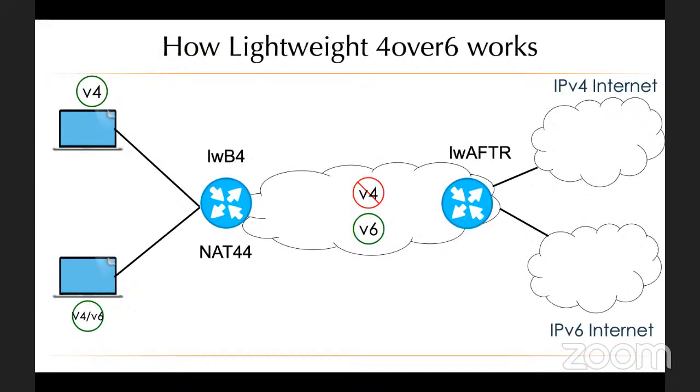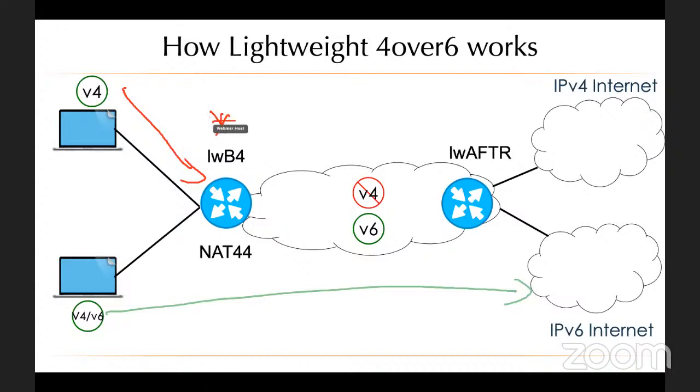So how does it work? Same way as DS Lite, a packet is sent V4, V6 only goes straight ahead. No tunneling is done. And then when you're doing V4, when the packet gets here, it's going to be translated at this point, the NAT translation from the private to public, and then tunneled over V6.